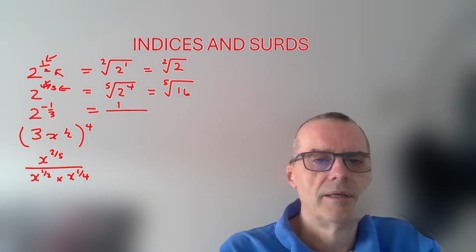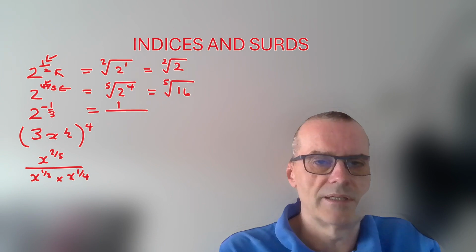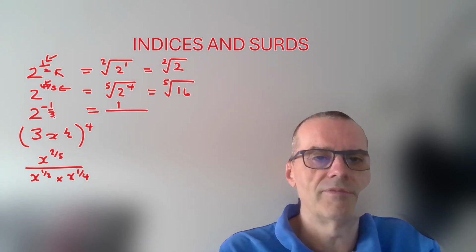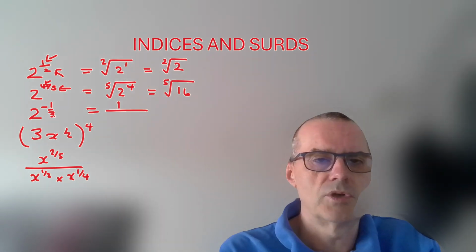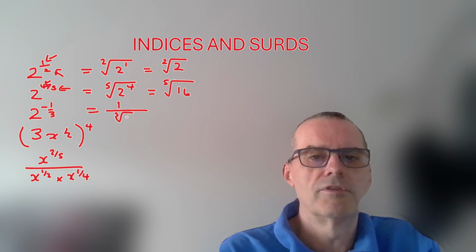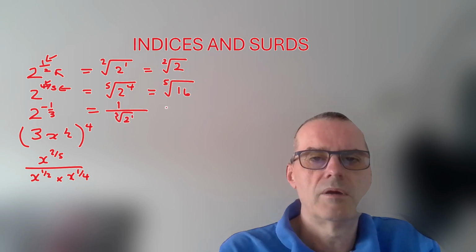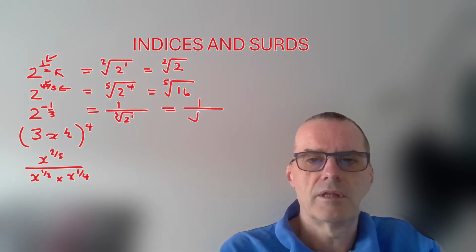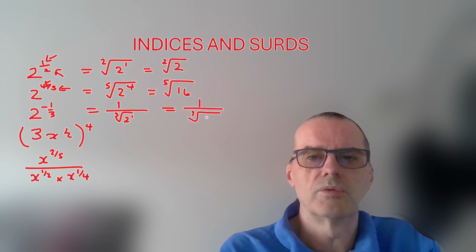And then we can apply the same rules as we did in the first example. So we have 2 to the power of 1 divided by 3. So we have the third root of 2 to the power of 1, which is the same as 1 divided by the cube root of 2.